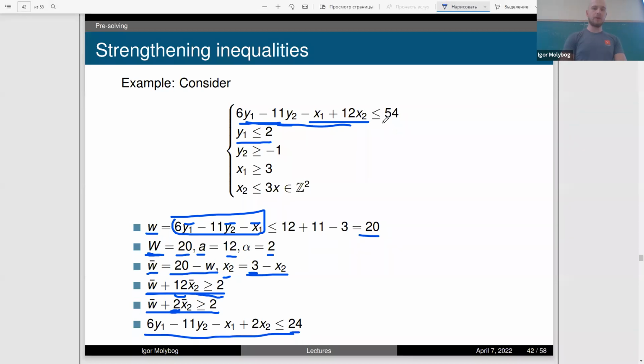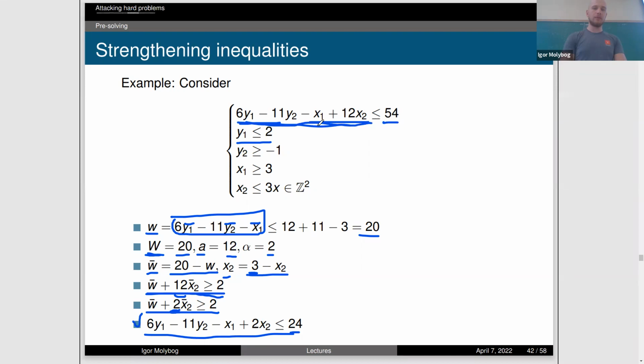This 54 that we had before. By using the strengthening procedure, we have obtained this stronger inequality.